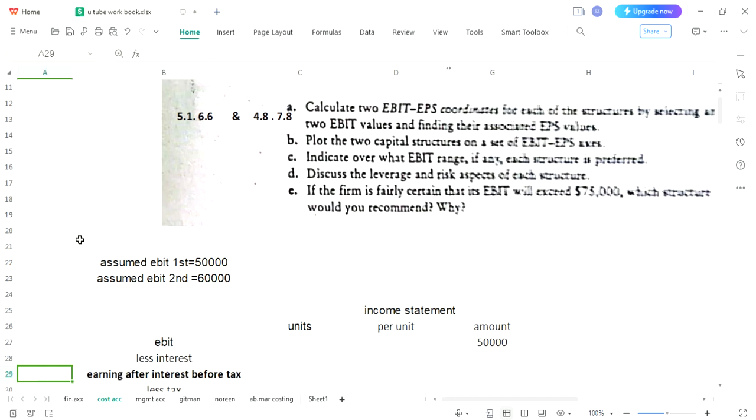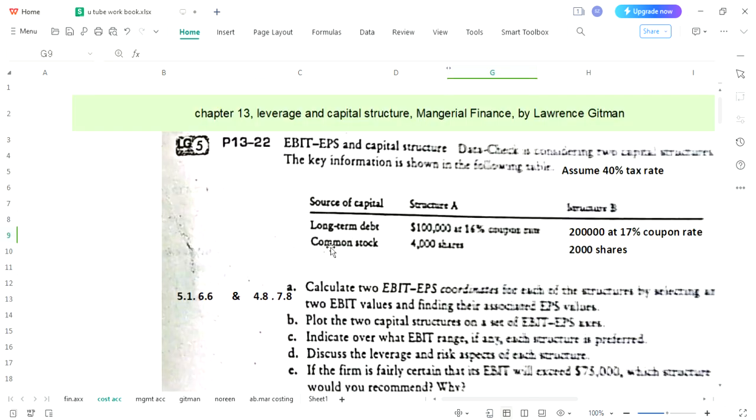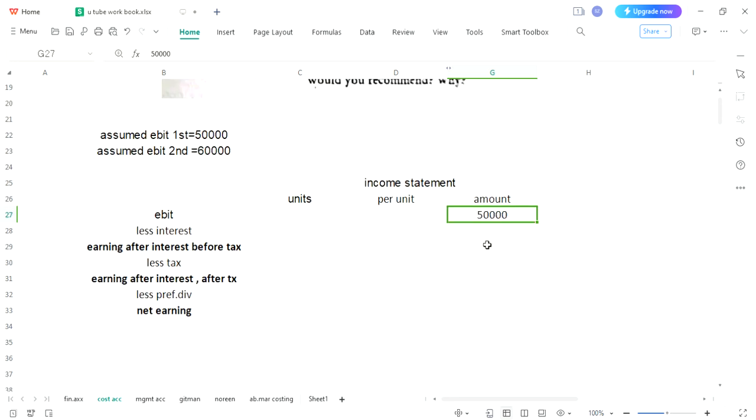Alright guys, now we are going to calculate our amount of earning, but before that please understand, we are not provided units or per unit, so a direct calculation would be made here. Interest for structure A is 1 lakh of debt at a 16% rate.